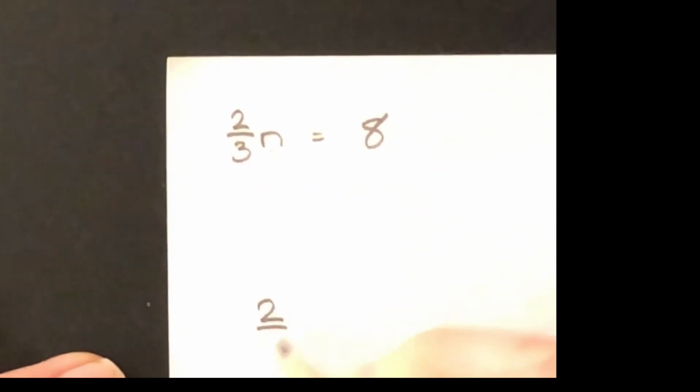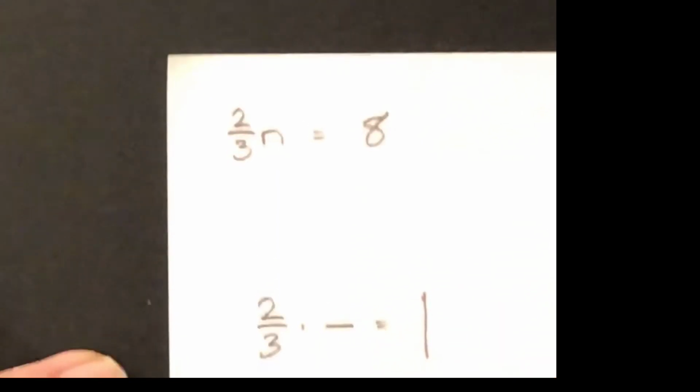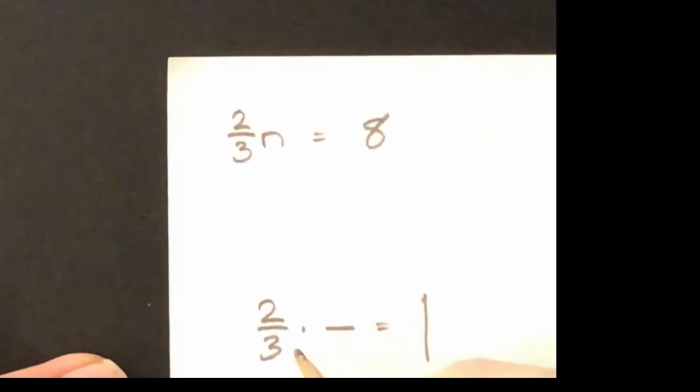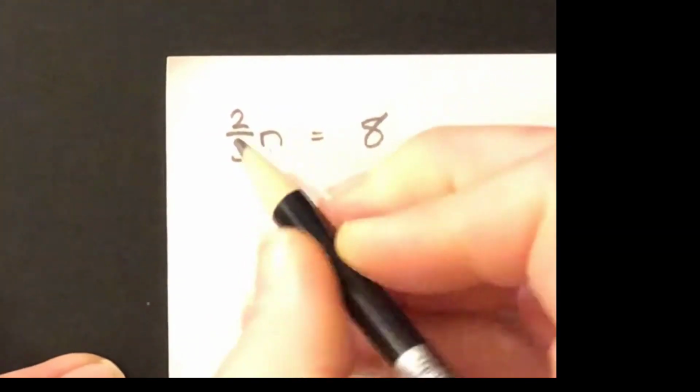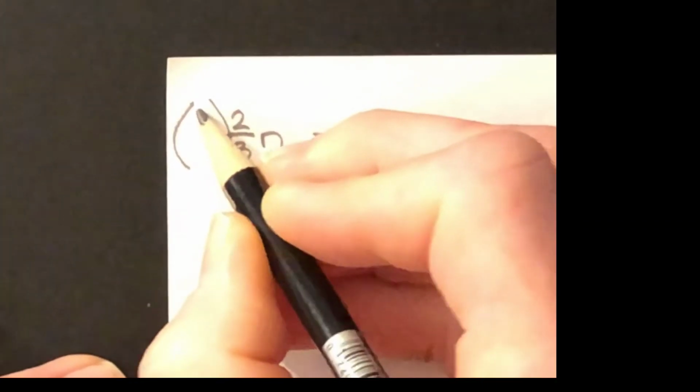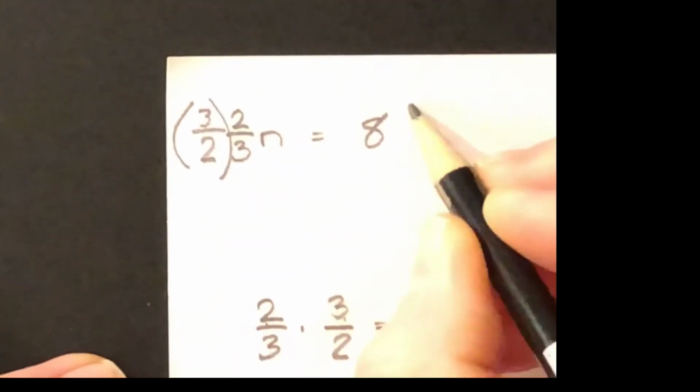What can you multiply 2/3 times to get 1? Do you know? How about its reciprocal? 2 times 3 is 5. No, 2 times 3 is 6. 3 times 2 is 6. And you get 1. So the other alternative is to flip this and multiply both sides by the reciprocal.